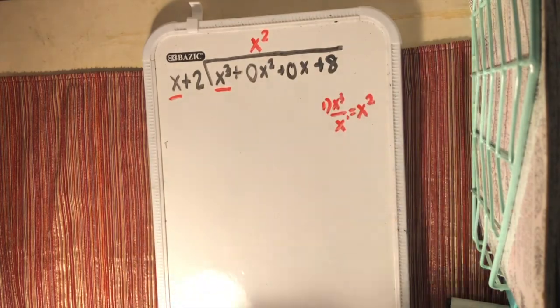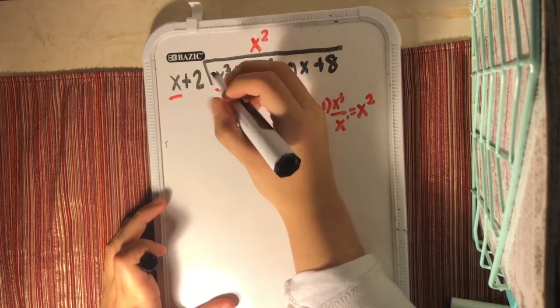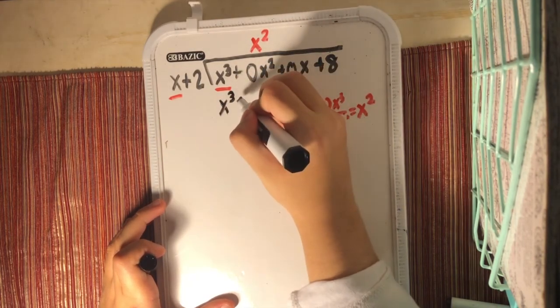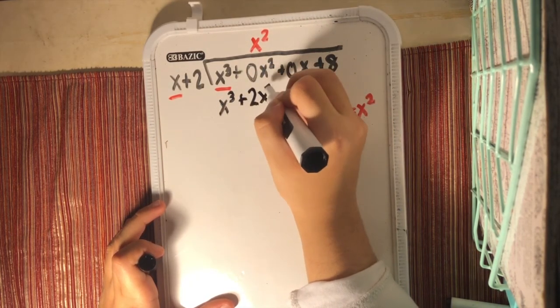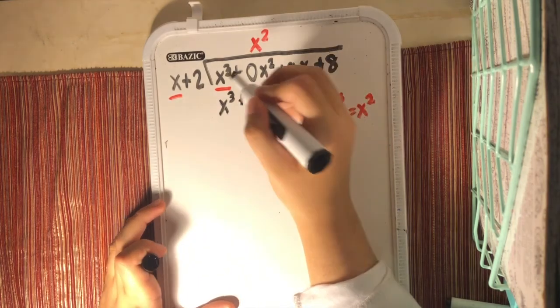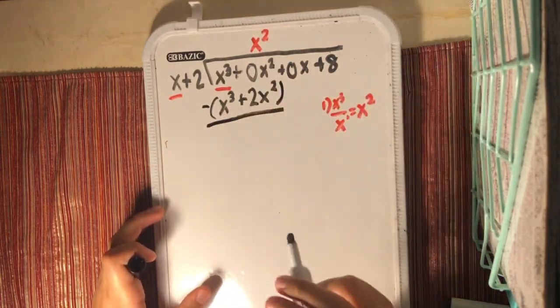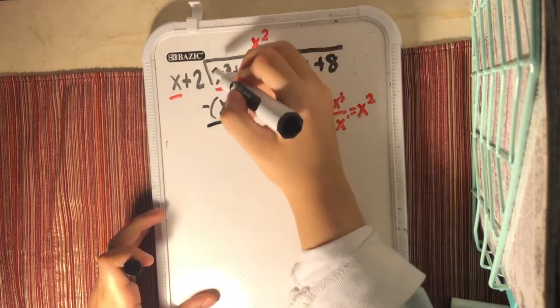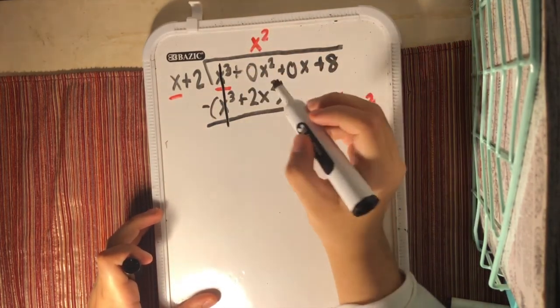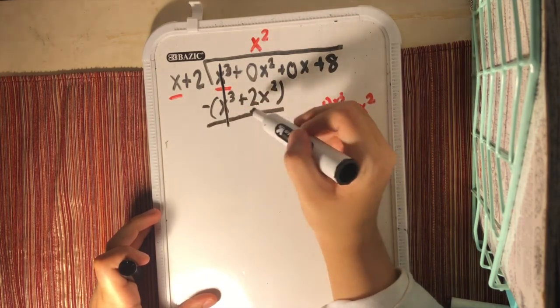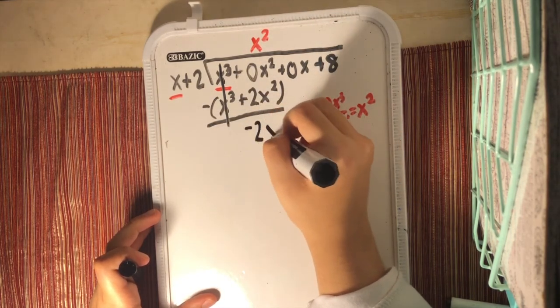So x squared times x gives me x cubed, and 2 times x squared gives me 2x squared. I'm going to put those in parentheses and subtract. Once again, our first terms are going to cancel out like they should. And then we have 0x squared minus 2x squared gives me negative 2x squared.